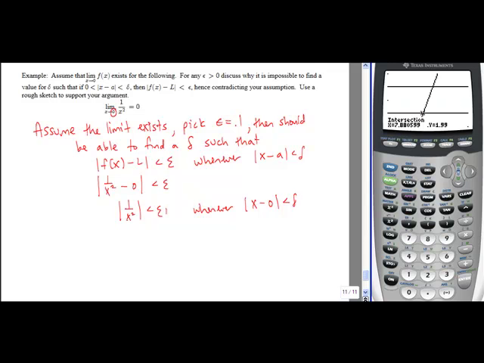And we don't even need that 0 in there since x minus 0 is still x. So this is what we're trying to show: that 1 over x squared is less than epsilon whenever x is less than delta in absolute value, and we're going to do this for our particular epsilon of 0.1.